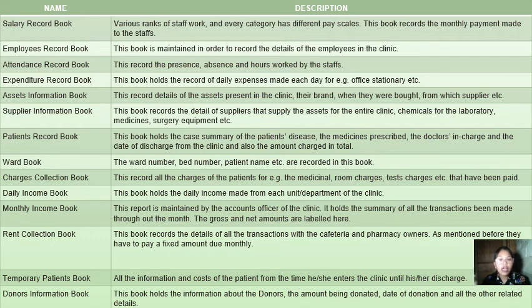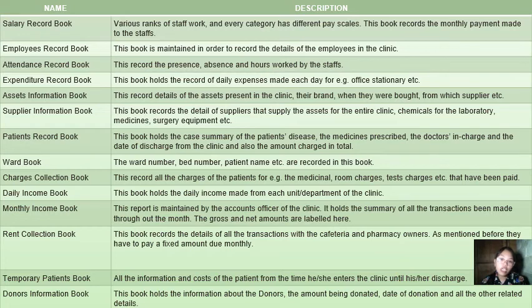The expenditure record book contains all the minor and major details of the clinic's expenses each day with the authorized signature. This book is very important to calculate the clinic's total income at the end of the month.